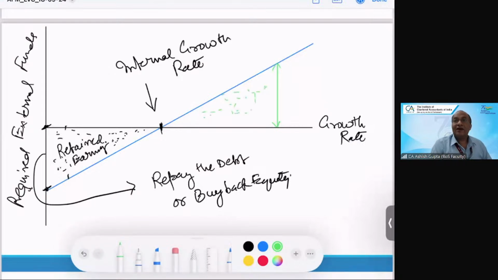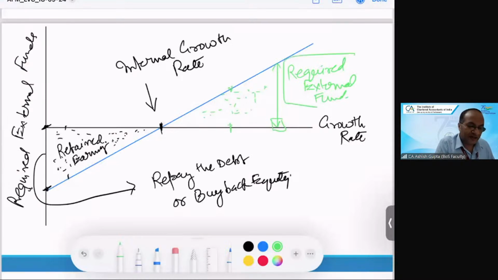So here we will need the required external funds. Now, the sustainable growth rate may be lying somewhere here, because we have to maintain the debt equity ratio. That we don't know from here. But here we know that if we have to achieve this growth rate, this much of required funds will be there.